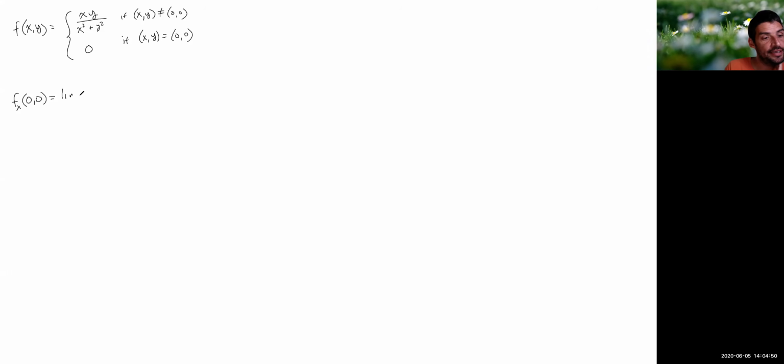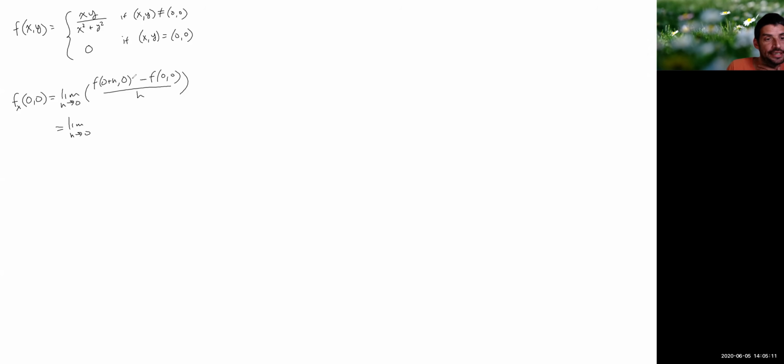It's the limit as h goes to 0 of f of 0 plus h comma 0, minus f of 0, 0, all over h. Now I'm plugging in 0 plus h, or just h, into the function.